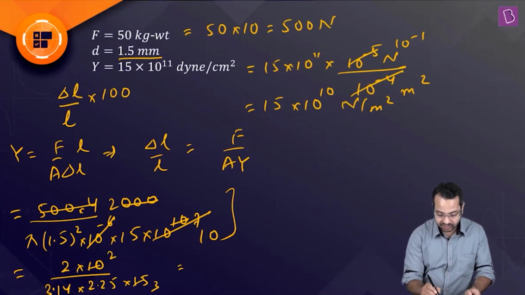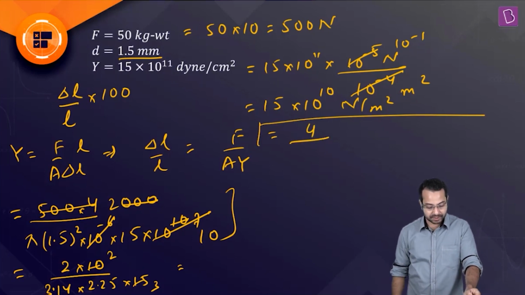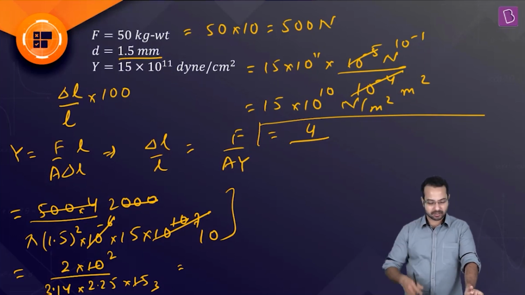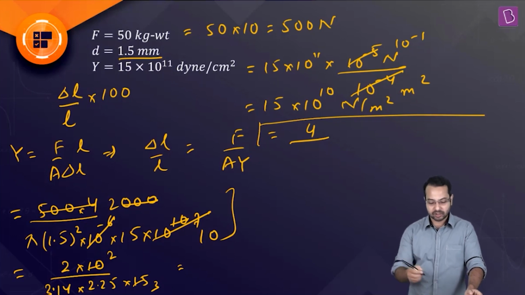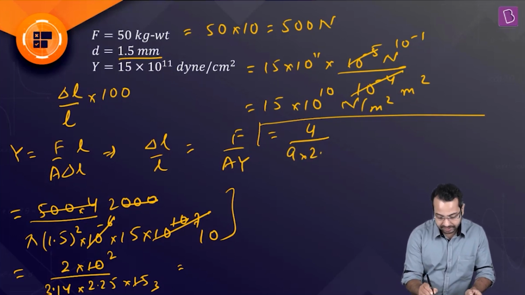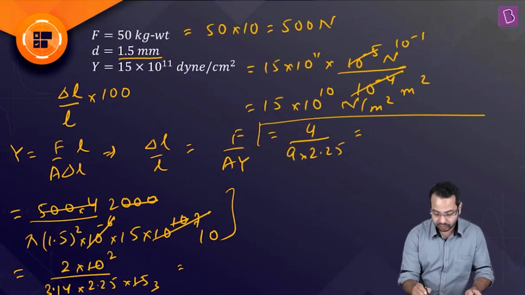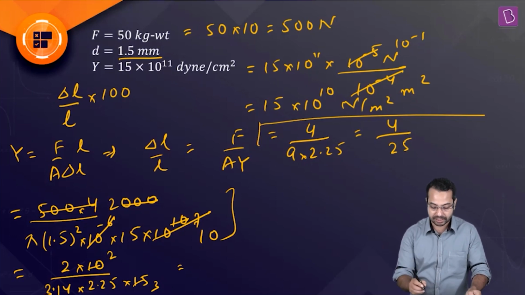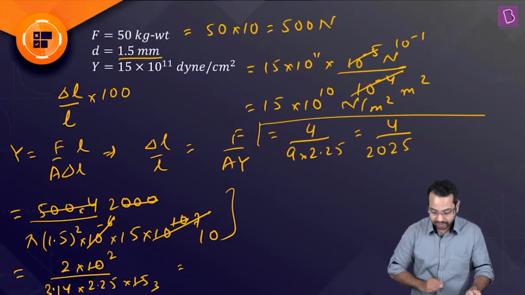So taking this calculation over here, this becomes equal to 4 divided by, so 3.14 we can approximately take as 3. So we have 9 in the denominator, and then we have 2.25. Okay, so this becomes 4 upon 9 into 5, 45, 9 2s are 18, 22, 9 2s are 18, 20.